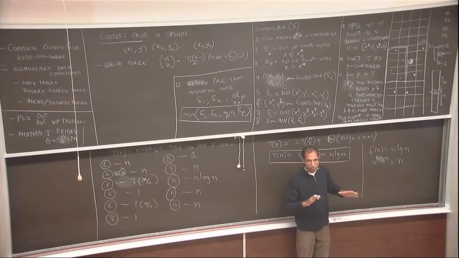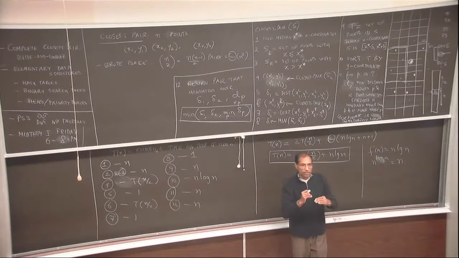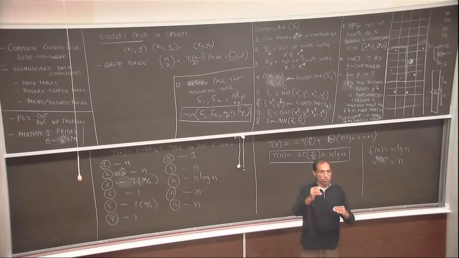If this is much more than this, then this dominates. But the definition of much more is that it should be bigger than the other by at least an n to the epsilon factor. If you remember the definition, there is an n to the epsilon.